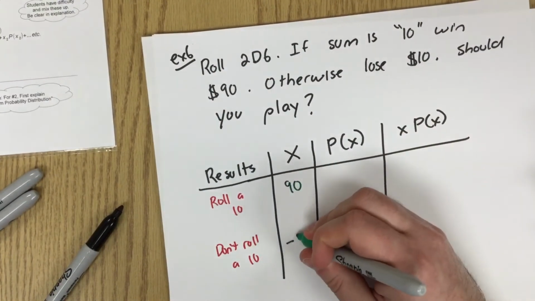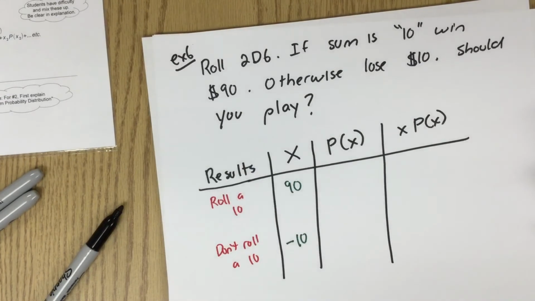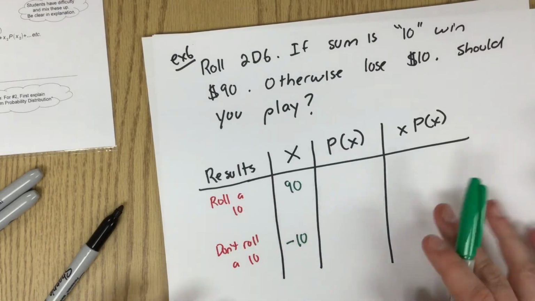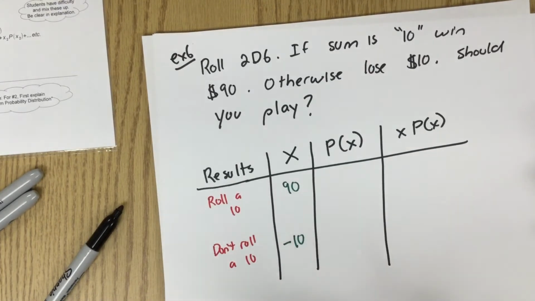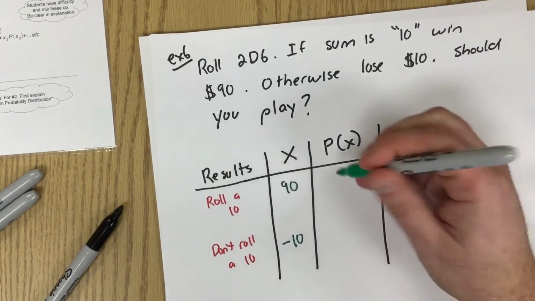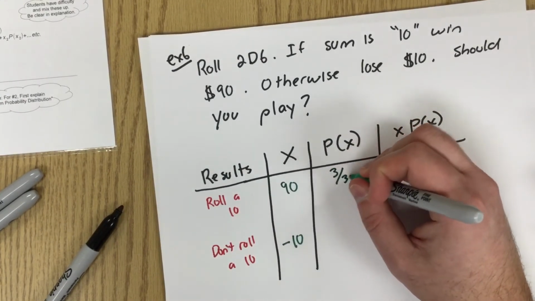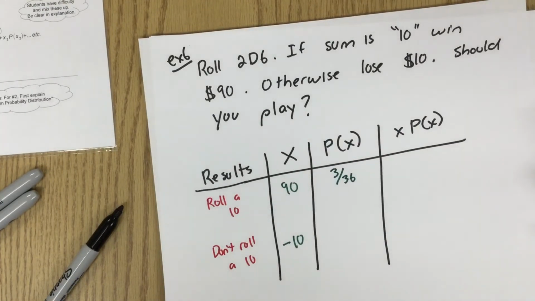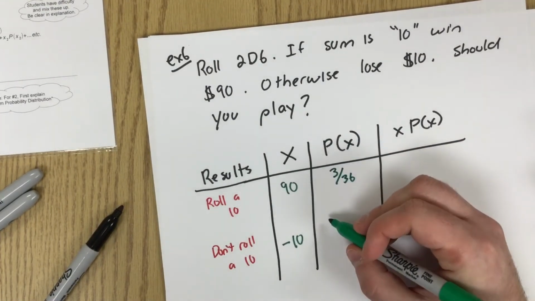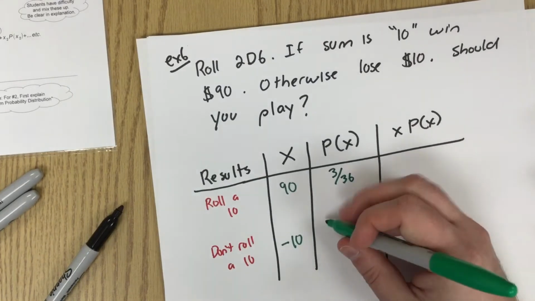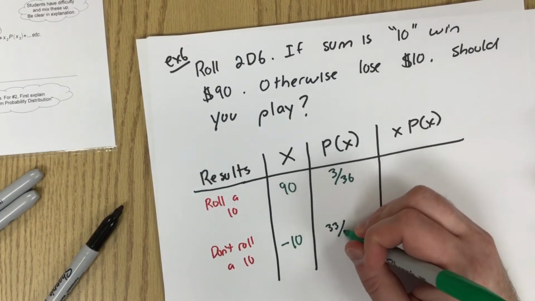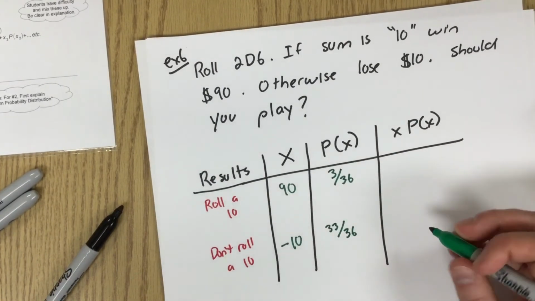And if you don't roll a 10, that's going to be worth negative 10. Now the probabilities, do I still have that beautiful dice chart? I do not. So the probability of rolling a 10, if you remember, is actually going to be 3 out of 36. And the probability of not rolling one is going to be everything else. So it's going to be 33 out of 36.